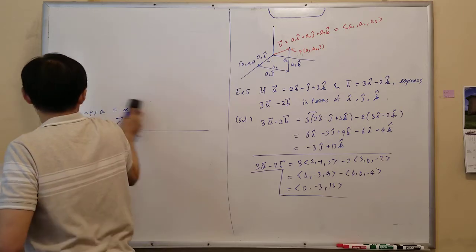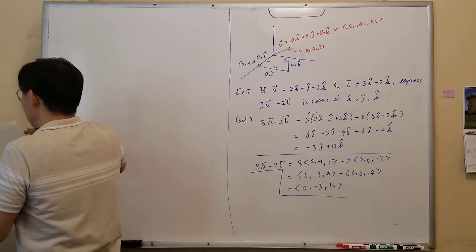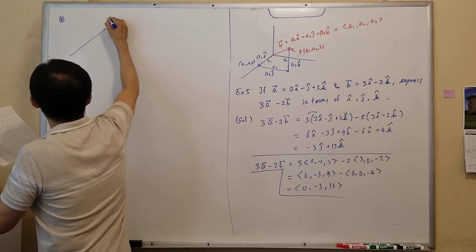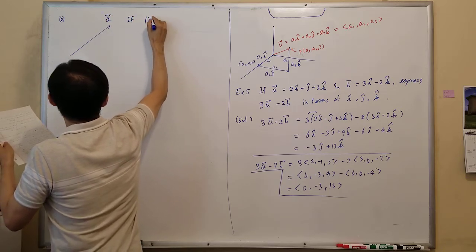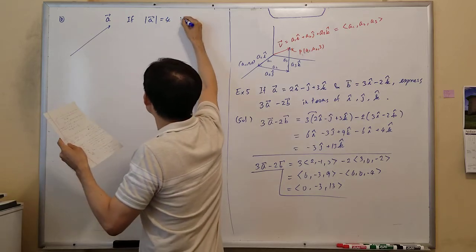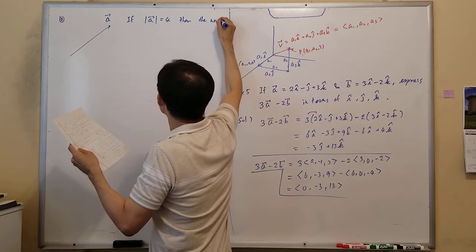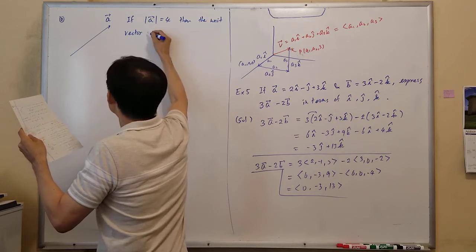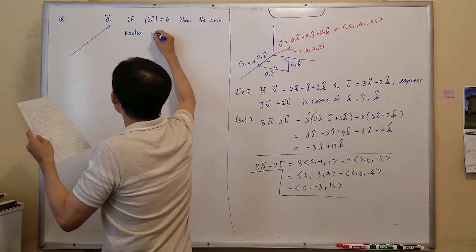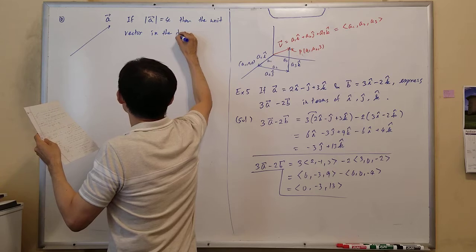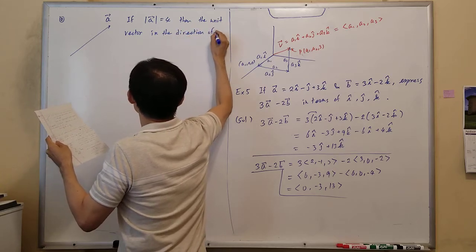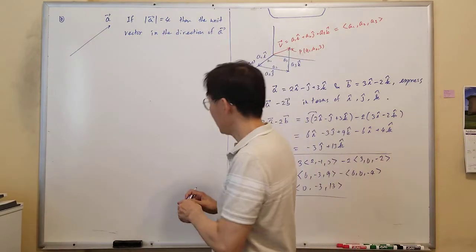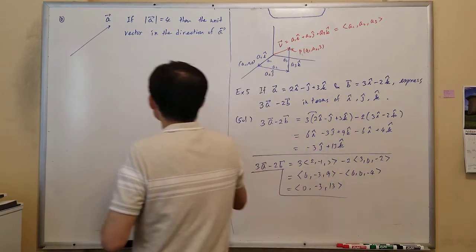Suppose that we have vector A. If the magnitude of vector A equals 4, then the unit vector in the direction of A, a unit vector which is in the same direction as A. How do you write it?